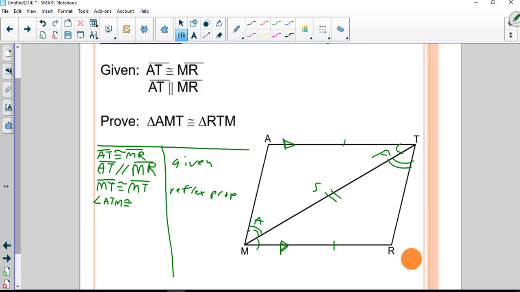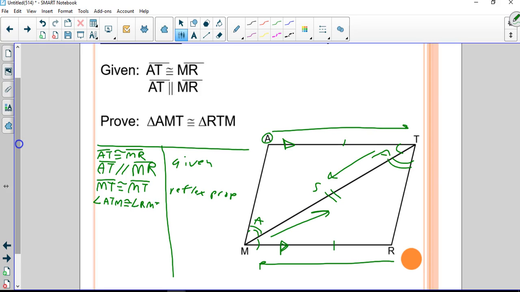Now remember, we're starting up here at A. We're going down Highway 1 and coming down Highway 2. So we're going to start here at R, go down Highway 1, and go down Highway 2. So that's going to be angle RMT.